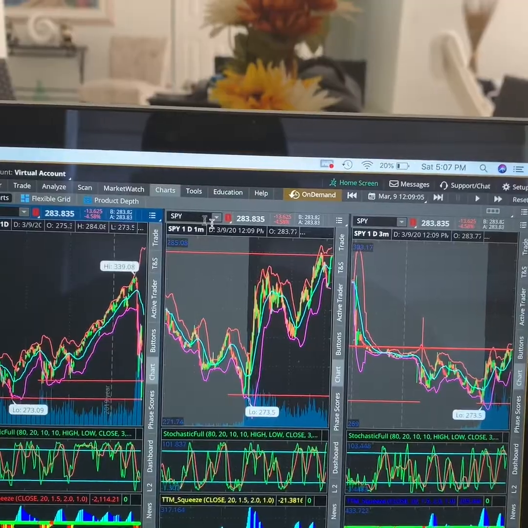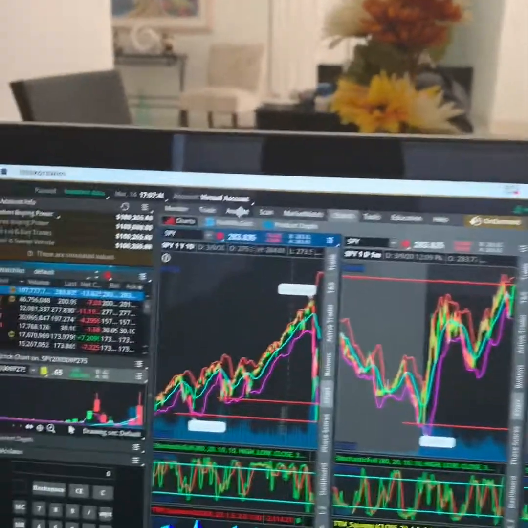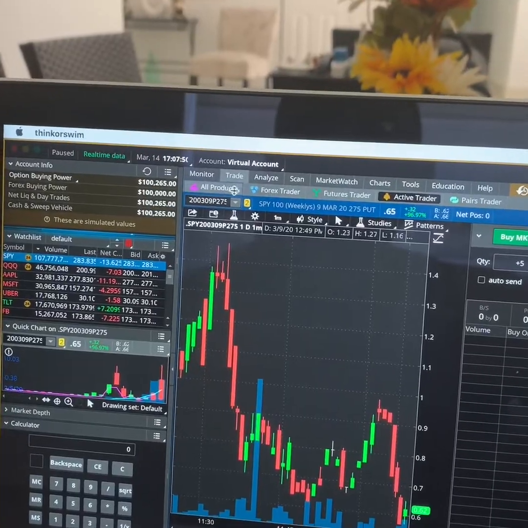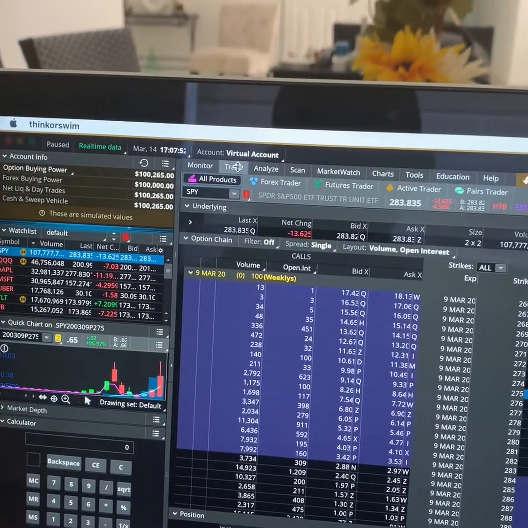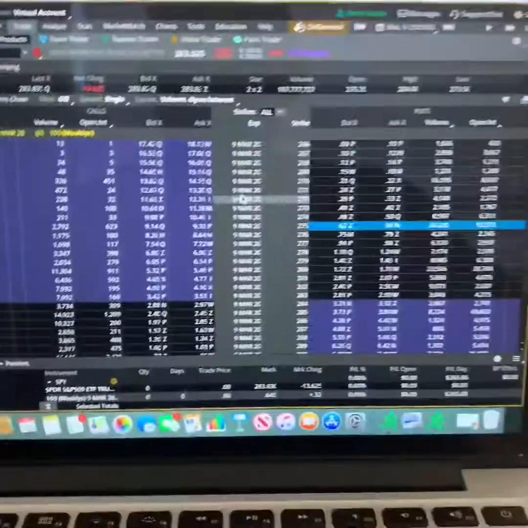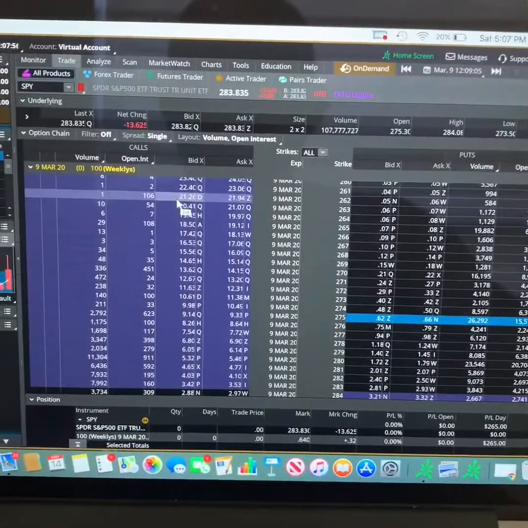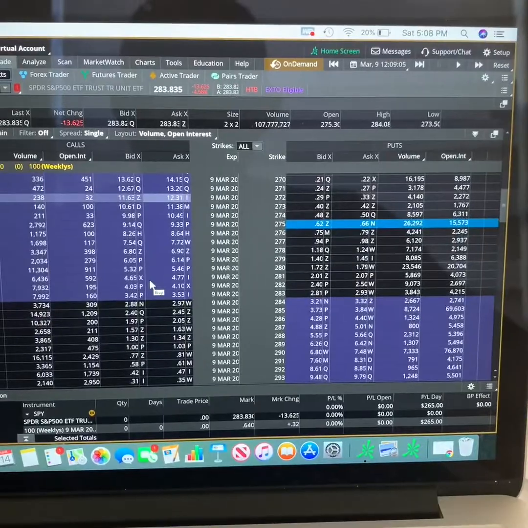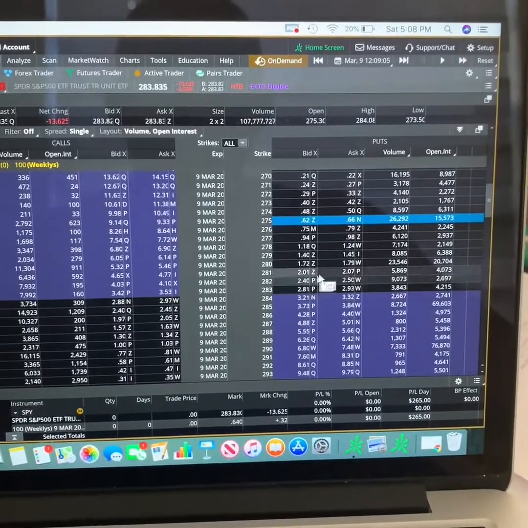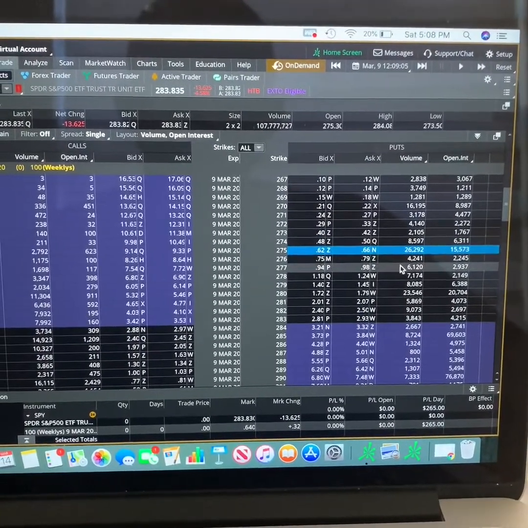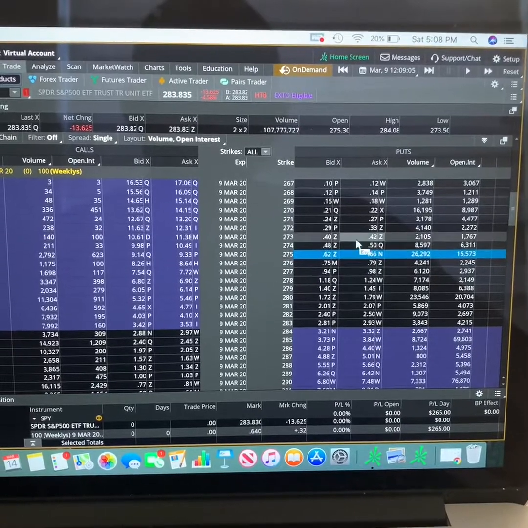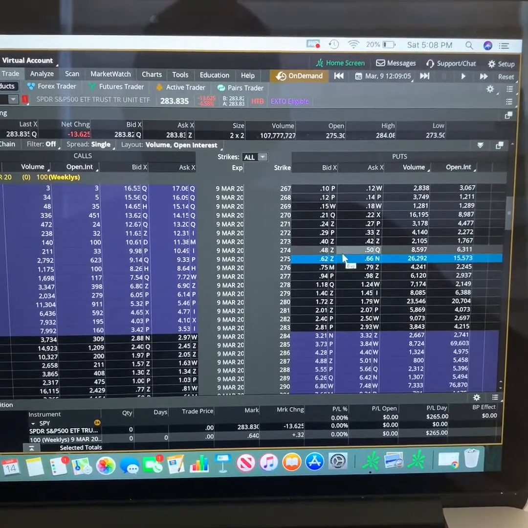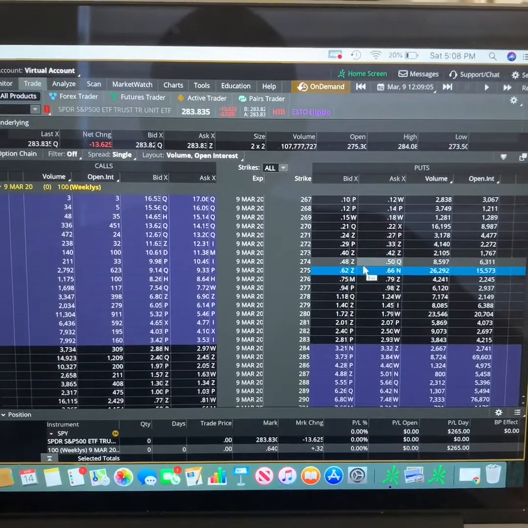Okay, so in order to get to the active trader, you're gonna hit trade, click there. When you click trade, this screen comes up, which is your calls and your puts. When you decide if it's a call or a put you're gonna buy, you want to graph the option contract into the active trader tab.